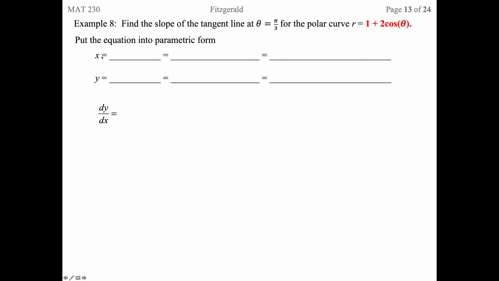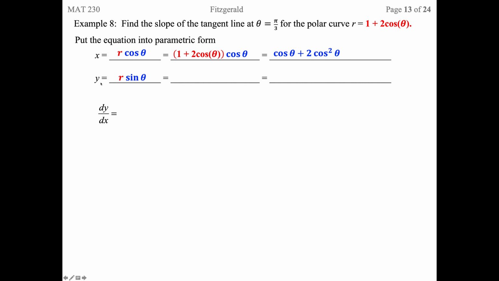All right, here we go. Let's do our x's. x equals r cosine theta. Substitute in 1 plus 2 cosine theta, and then multiply into cosine theta. So we'll be taking the derivative of this. Now, a little special note here. I'm following what the author has done, and now that I find y, I'll just do this as I'm talking here.